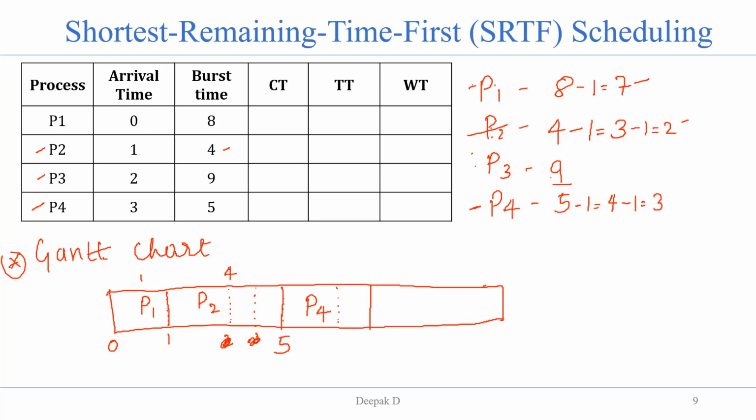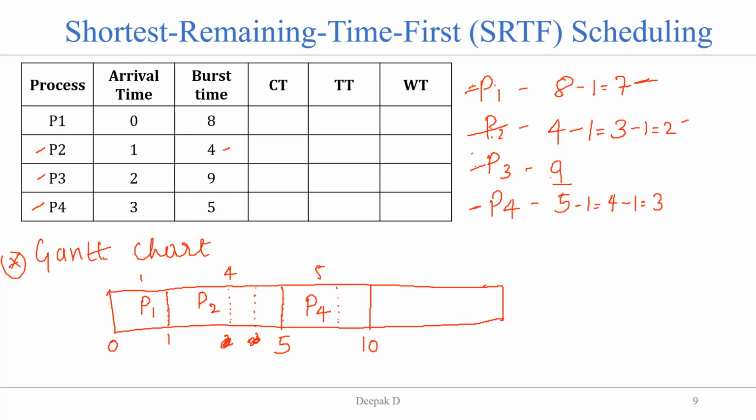So I complete P4's execution. What is the burst time here? 5, that is 10 I have written, and the remaining are P3 and P1. P1 has shorter remaining time than P3.